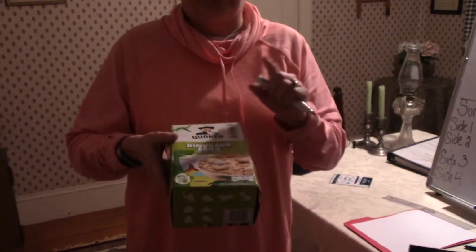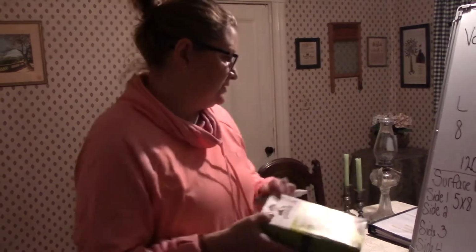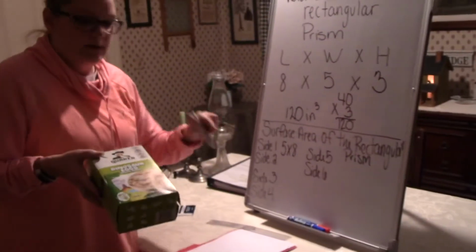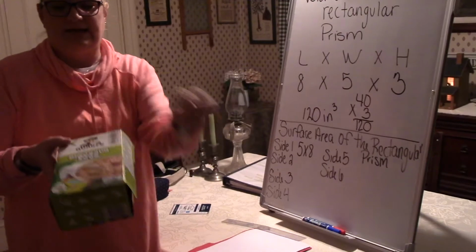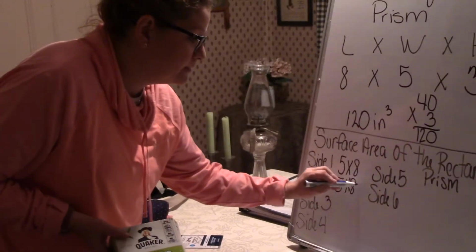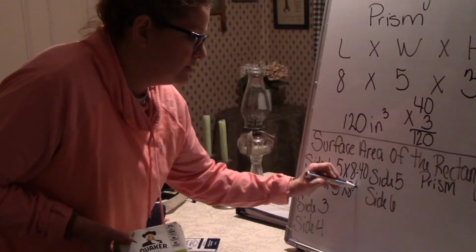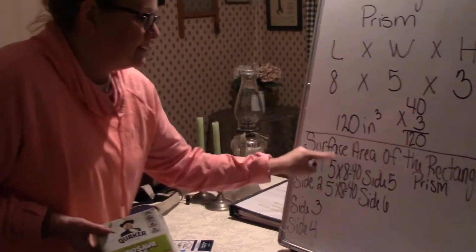The other thing that's kind of cool about this is that you know it has a match. So this side of this rectangular prism is going to have the same dimensions. So side 1 and side 2, we're saying that this is a 5 by 8 as well. 5 times 8 is 40. So we have two faces that have an area of 40 inches squared at this point.